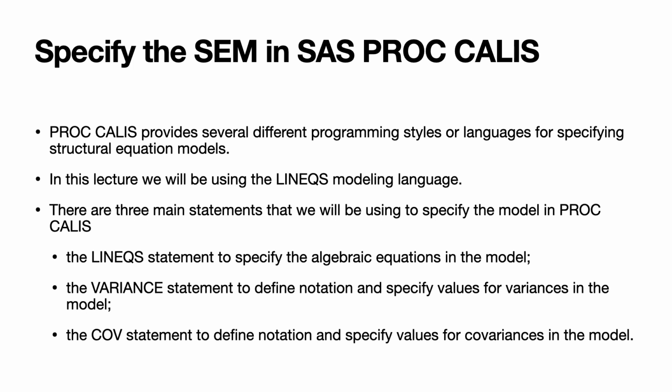There are 3 main statements that we're going to use to specify the model in PROC CALIS. The LinEQS statement itself specifies the algebraic equations in the model. We use the variance statement to define notation and specify values for variances in the model. And then finally, the cov statement is used to define notation and specify values for covariances in the model.